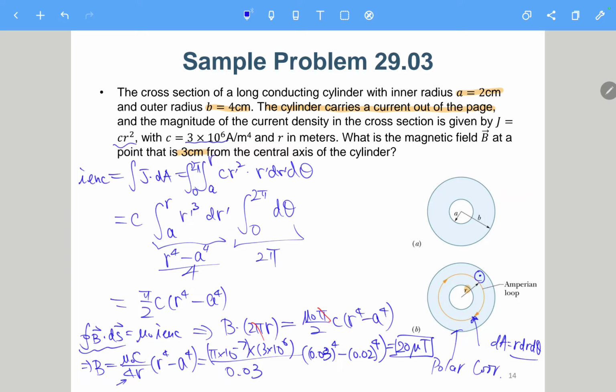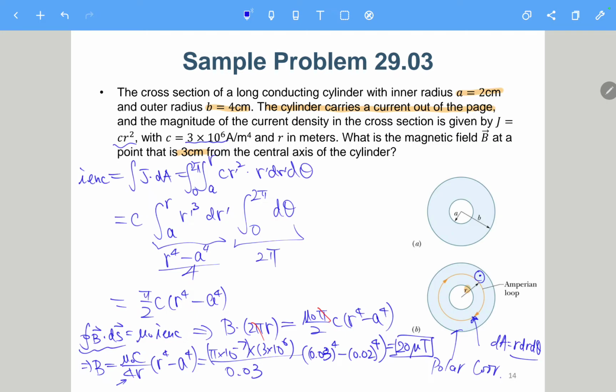Because this is clockwise, you use the right-hand rule. Your forefinger follows the direction of the Ampere's loop, and then your thumb points into the page. But the current is going out of the page. So in this sense, you should make this I enclosed a negative value.